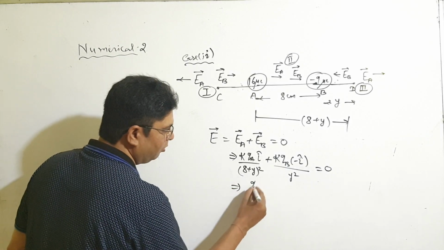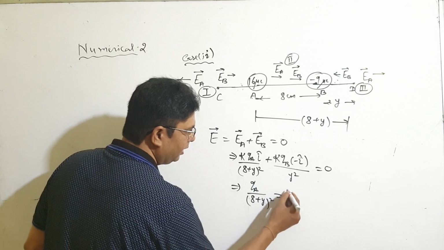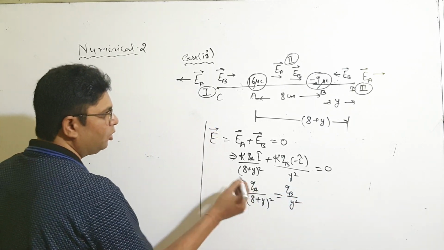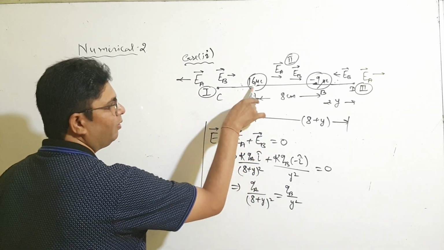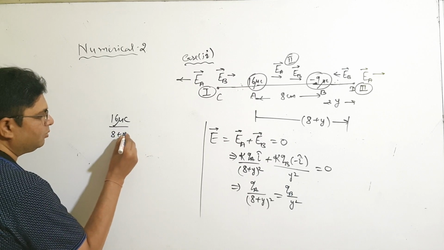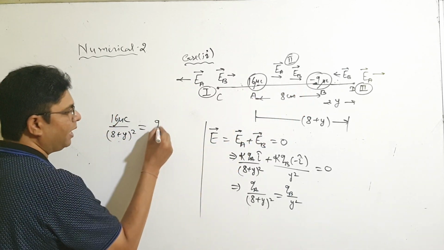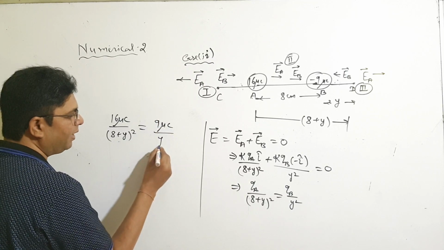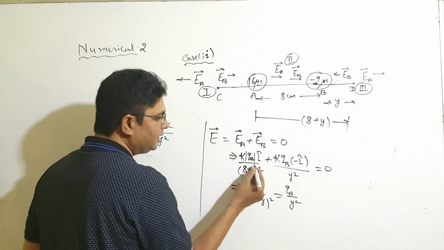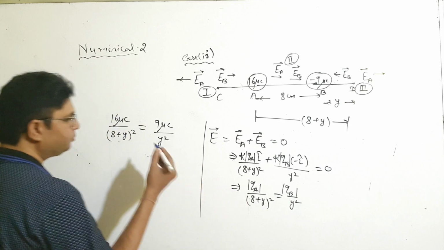So this gives you QA upon 8 plus y whole square equals QB upon y square. Put the value of QA, which is 16 microcoulomb, upon 8 plus y whole square. On the RHS side, write plus 9 microcoulomb divided by y square. Here it is negative, but we are taking plus 9 because this is the magnitude.